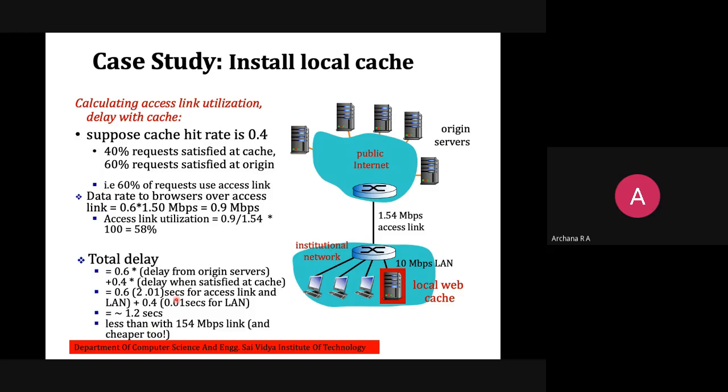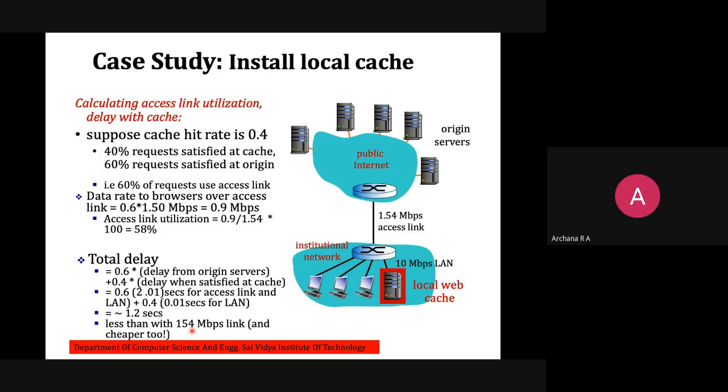You get approximately 1.2 seconds, which is less than with the 154 megabits per second link, and this is very cheap. In this scenario, if you fetch the contents every time from the origin server, the response time will be too high, network resources will be accessed, and you even have to pay for that.